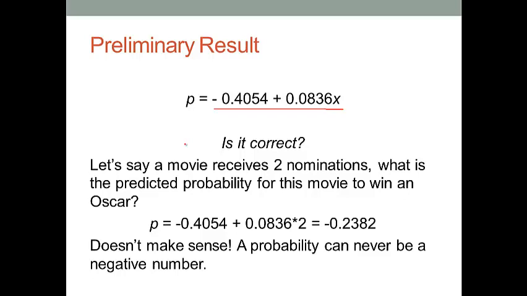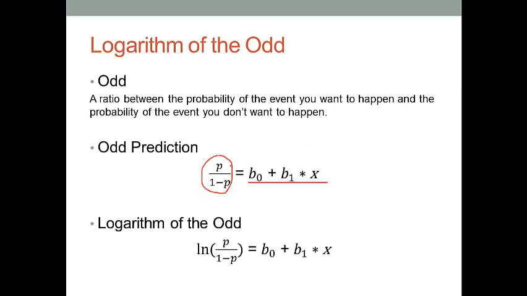However, if we give 1.26 to the odd, to the left side of the linear model, it makes sense now because an odd can hold a value that is greater than 1. Then we give the value 1.26 to the odd, p over 1 minus p, to calculate what p-value is exactly.